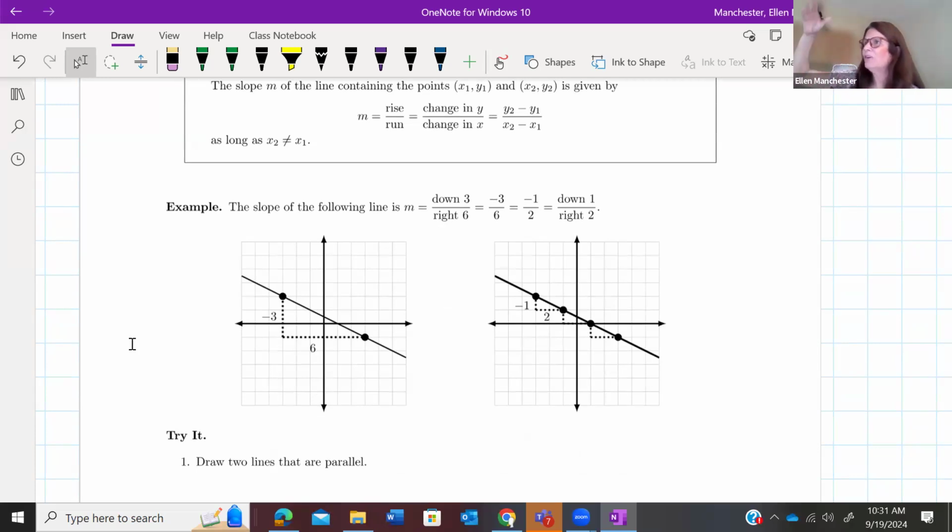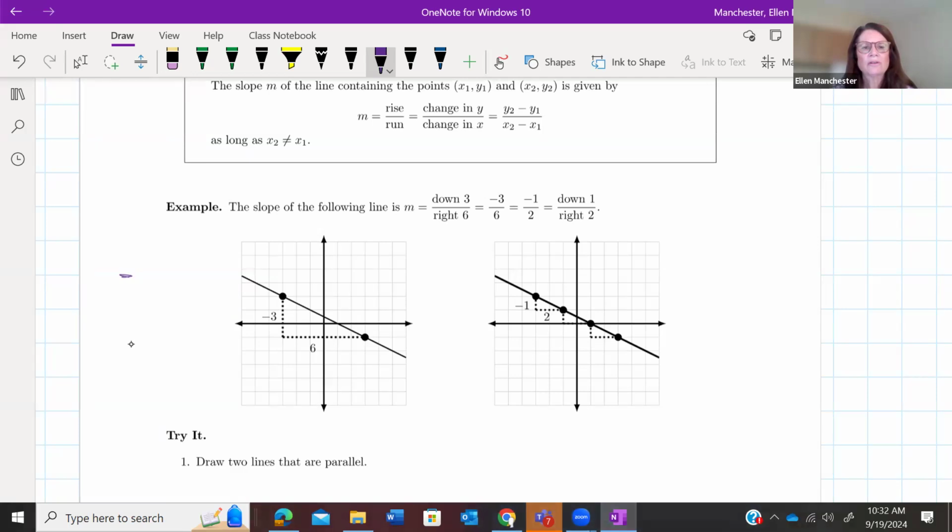You're comparing how far you're rising and how far you're running. It's just a ratio. So when you look at a line, you can find the slope just by looking at the line. First notice, okay, my line's going downhill, so I'm going to have a negative slope. That should always be your first notice. Then you pick 2 points on your graph.